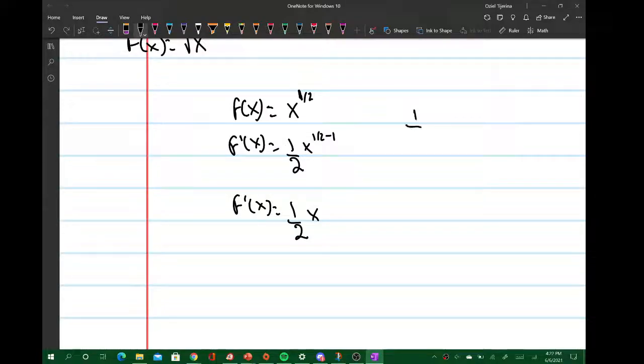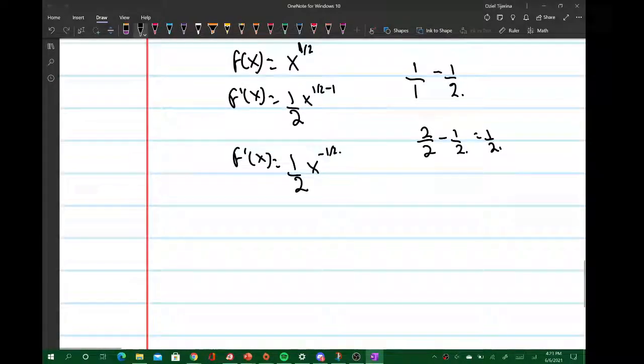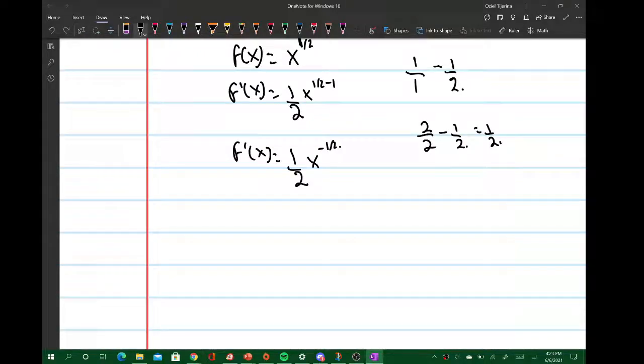If you don't know how to do that, that's just 1/1 minus 1/2, which is 2/2 minus 1/2, which is 1/2, but it's 1/2 minus 1, so it's going to be negative 1/2, and this would be your answer. Now, if you want to turn that into square root form or radical form, you can do that.